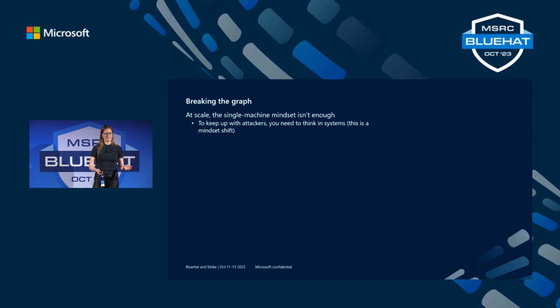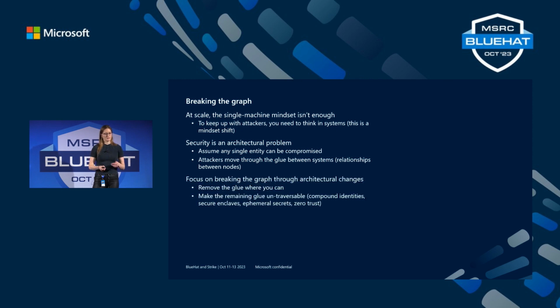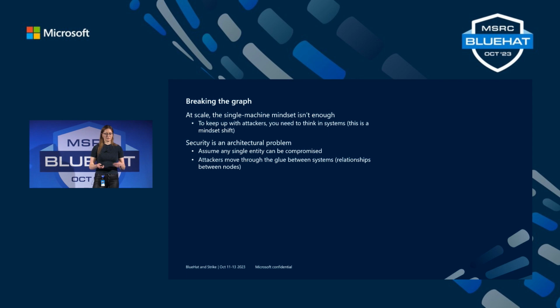And the second thing is that security is an architectural problem. So think about how you can remove that glue between your systems that attackers move between. The layer where you can start solving those problems is through things like ephemeral secrets, zero trust, and least privilege, and investing in those spaces can remove the leverage that an attacker has when they do compromise your systems, because they will.